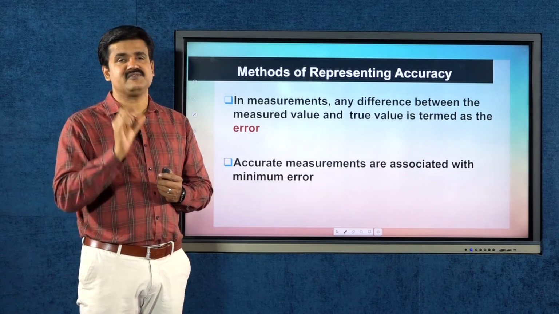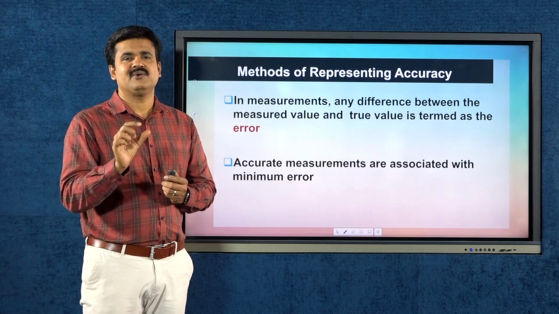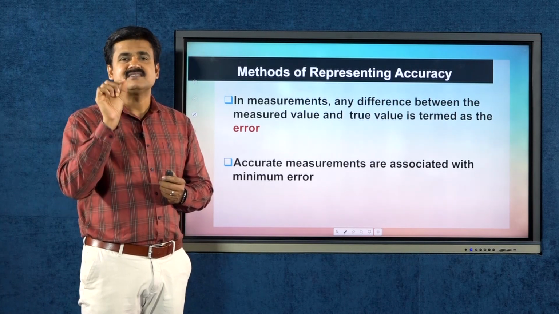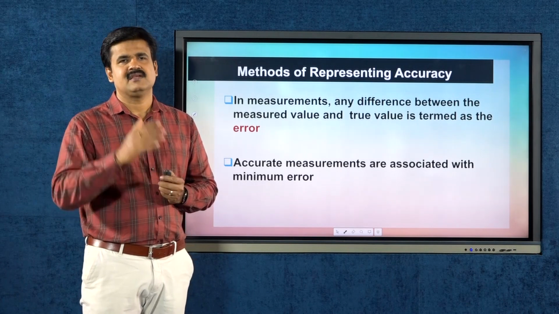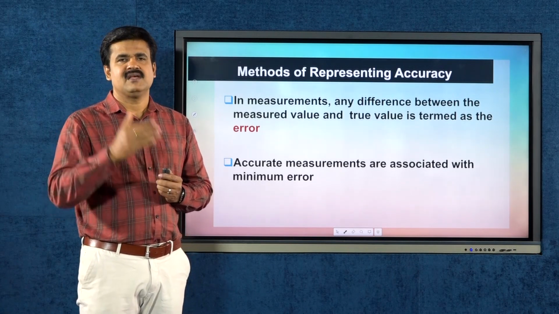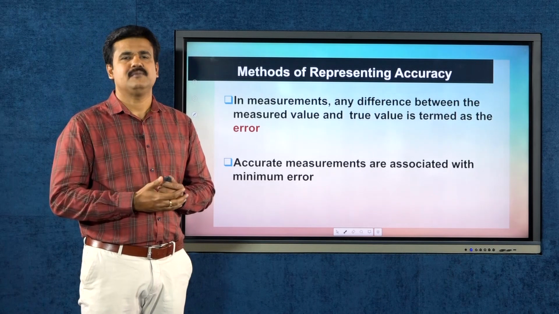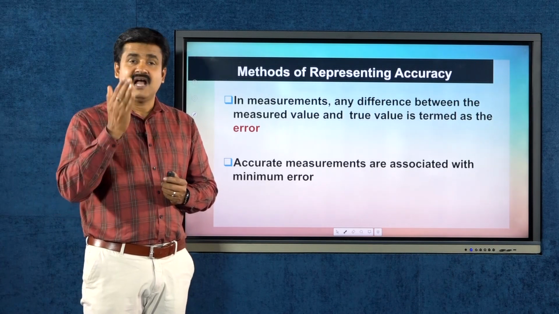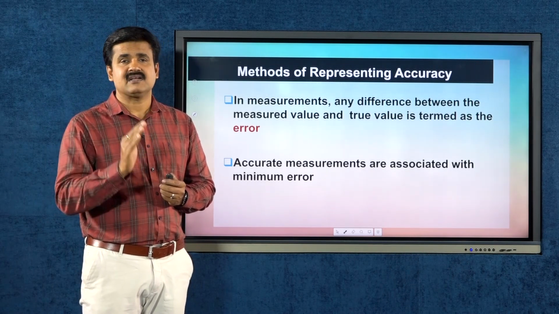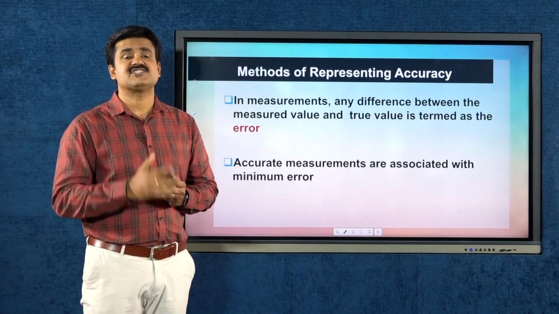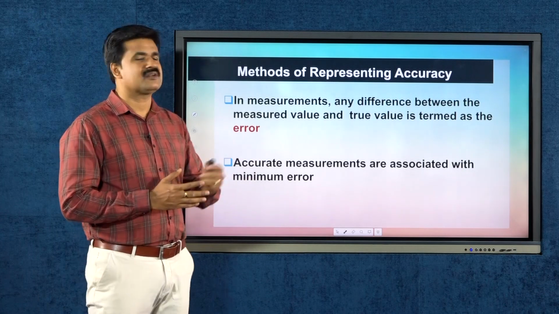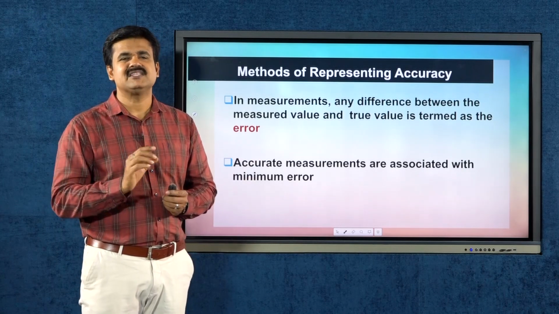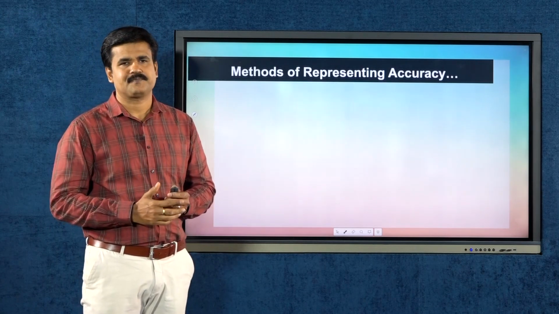The difference between experimental value and the true value is known as error in quantitative analysis. Higher the error, less accurate will be the measurement; accuracy and error show an inverse relation to each other. Hence we can say that accurate measurements are associated with the minimum error.